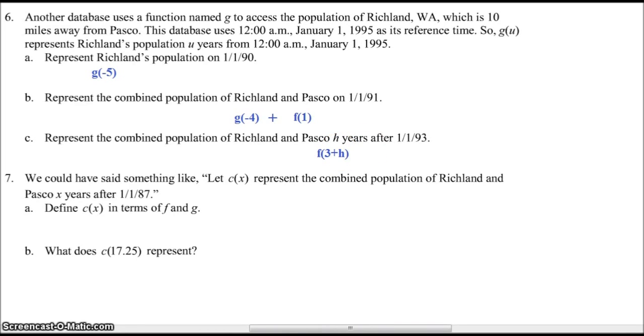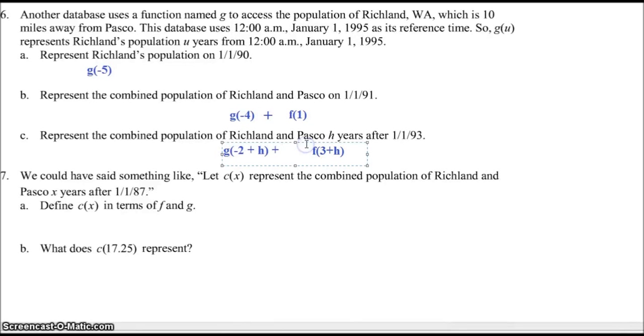And for Richland, 1993 is 2 years before our reference point of 1995. So we're basically going -2 years, and then we're adding on h years to that. That'll simply be G of -2 plus h. And since we want the combined total, we simply add these together. G of negative 2 plus h plus f of 3 plus h.